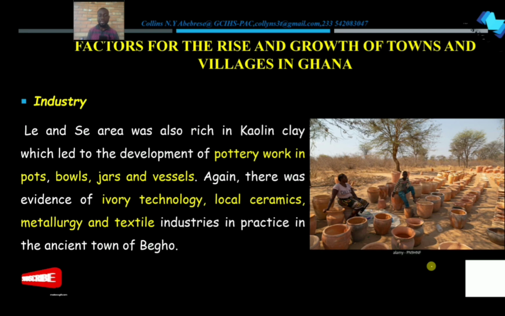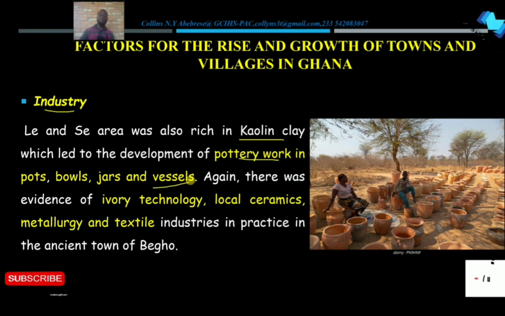Now let's take a look at the last point, and then we'll bring our discussion to an end. The last factor that led to the rise and growth of towns and villages in Ghana is also industry. Industry in the sense that people should find themselves doing something. For example, the Lay and Say area was rich in kaolin clay, which led to pottery work in bowls, pots, jars, and vessels.